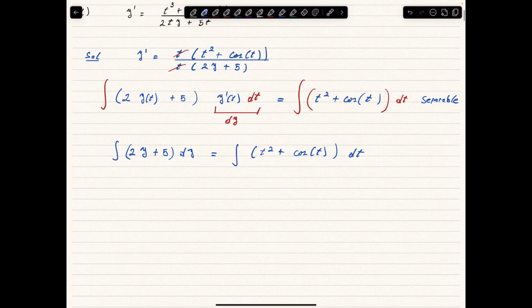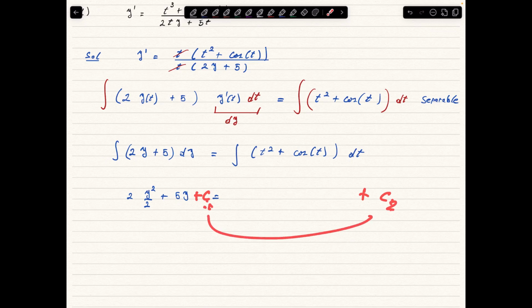dt, perfect. So now we integrate on both sides because these are simple integrals, and what we get here is 2 y squared over 2 plus 5y plus a constant, and we are going to have another constant on the other side, different constants, c1, c2.